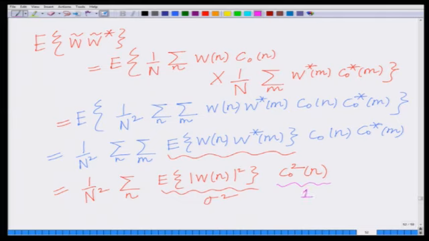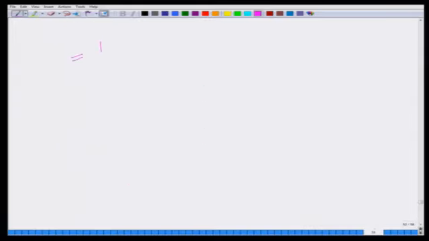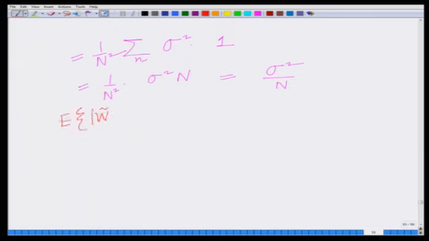Therefore, this can be simplified as 1 over N square summation over n sigma square times 1, which is 1 over N square into sigma square N, which is sigma square divided by N.